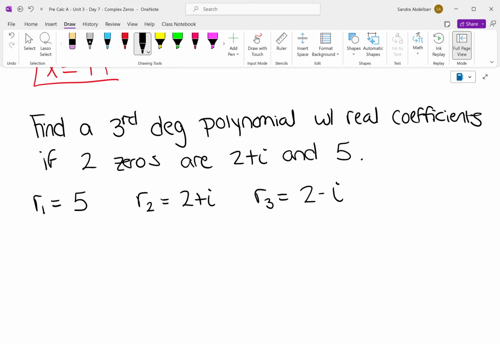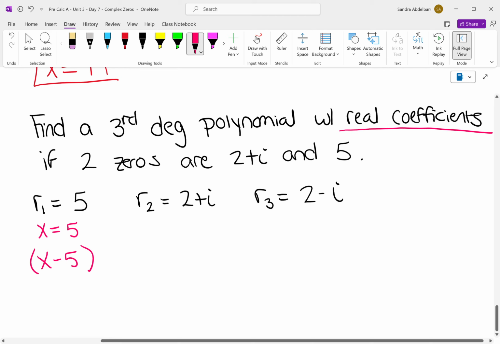Well, the 5 is pretty easy, right? Because this is x equals 5. So what was the factor that gave us that? x minus 5. Now, remember, I want real coefficients. What does that mean? I don't want any i's.